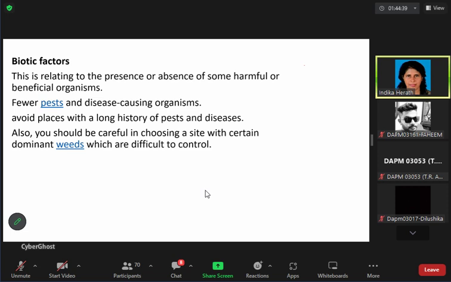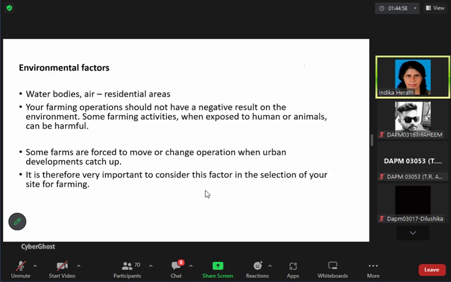And also dominant weed aspects. Those are the basic biotic factors people consider that affect agriculture if they are doing any investment, right?